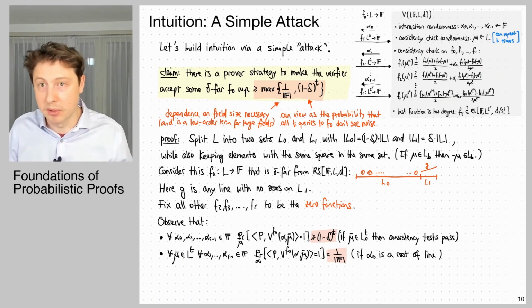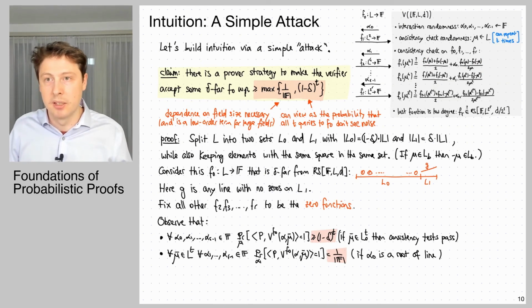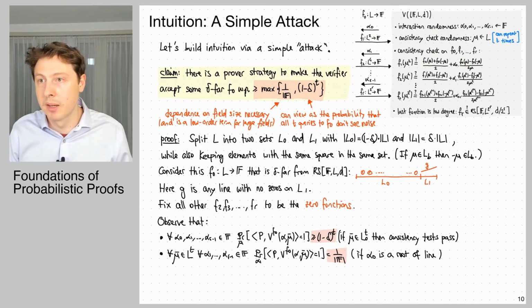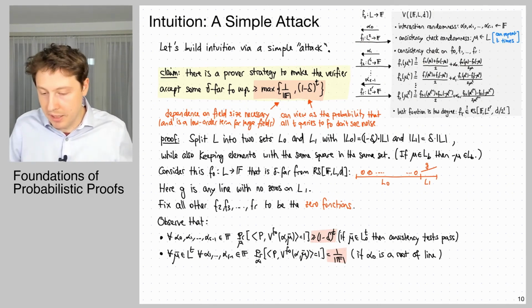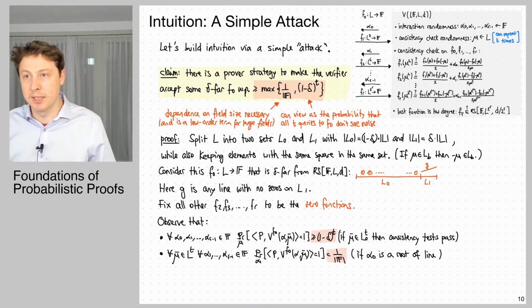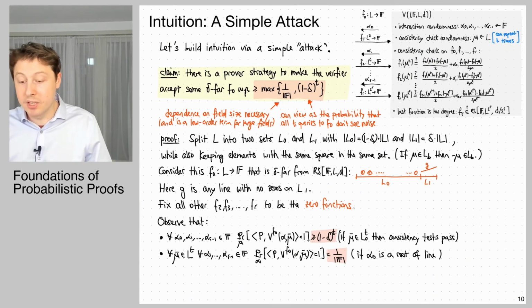All lines have zeros somewhere in the field, okay? That zero is not over L1, but it is going to be somewhere. And it could be that alpha 0 is that zero. And so we may still accept in that case because f1 is consistent with this local map, okay? It doesn't matter what mu is, just that alpha 0 is a zero of that line, okay?